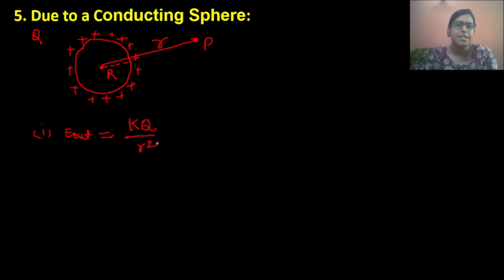We can treat the sphere as a point charge for outside point. For the surface, electric field will be kq upon R square.